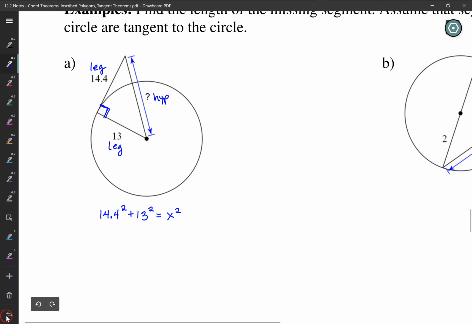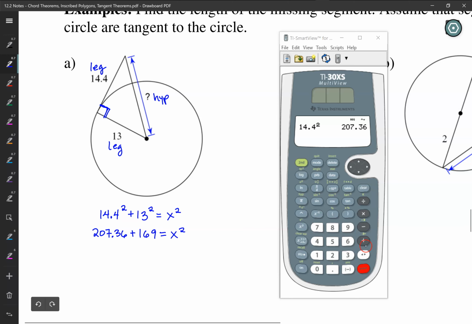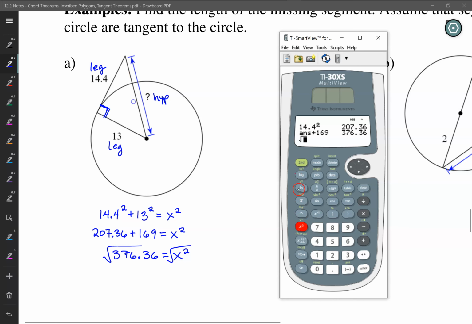So I'm going to go ahead and pull up a calculator. 14.4 squared is 207.36. 13 squared is 169. If we add those, we get 376.36. And we take a square root of both sides. And that gives me 19.4.